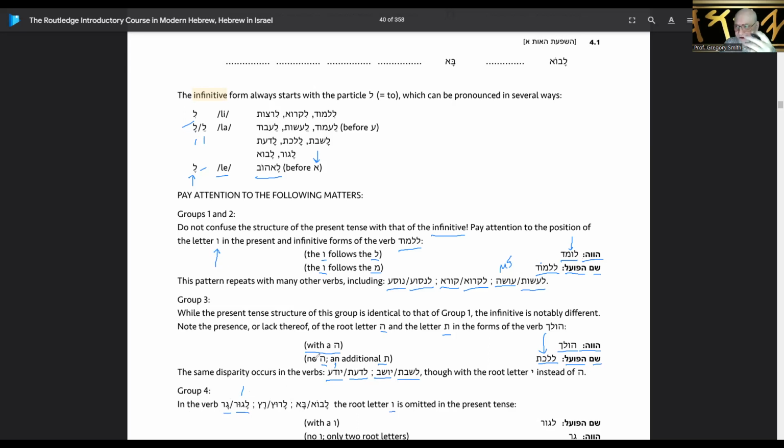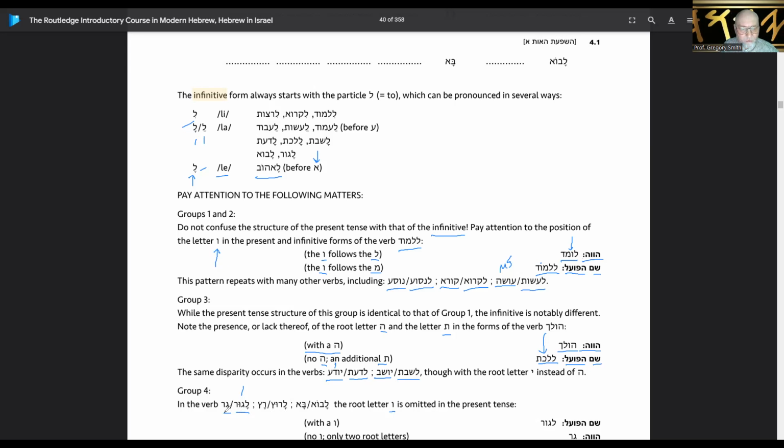But in the iterations of it, like he did such and such, she did such and such, they did such and such, or you all did such and such in the feminine plural form, you won't always see all three of these root letters represented. And so that's kind of what they're getting at here.